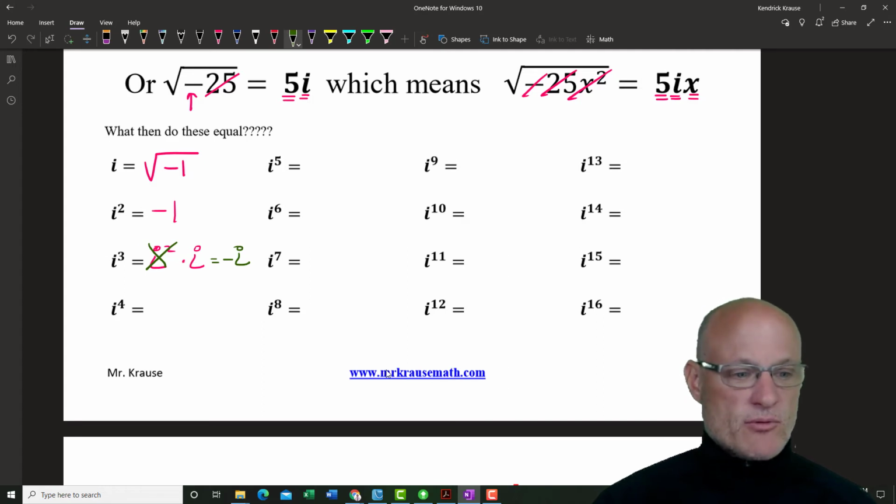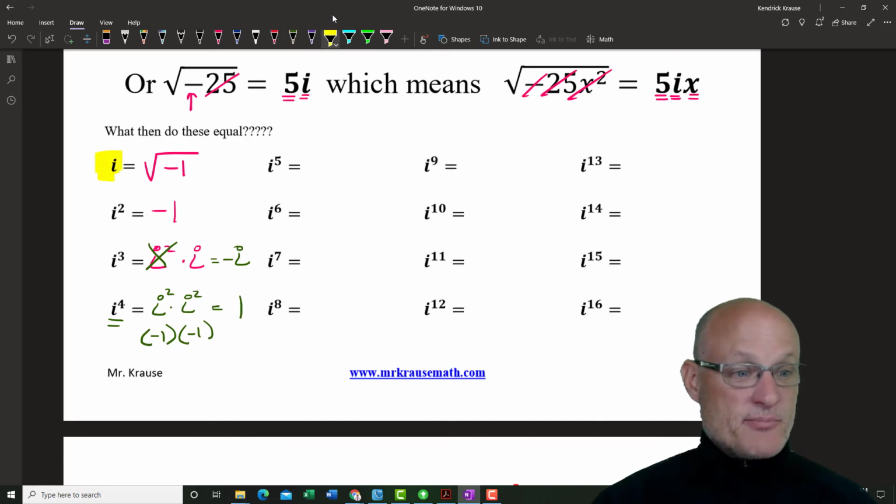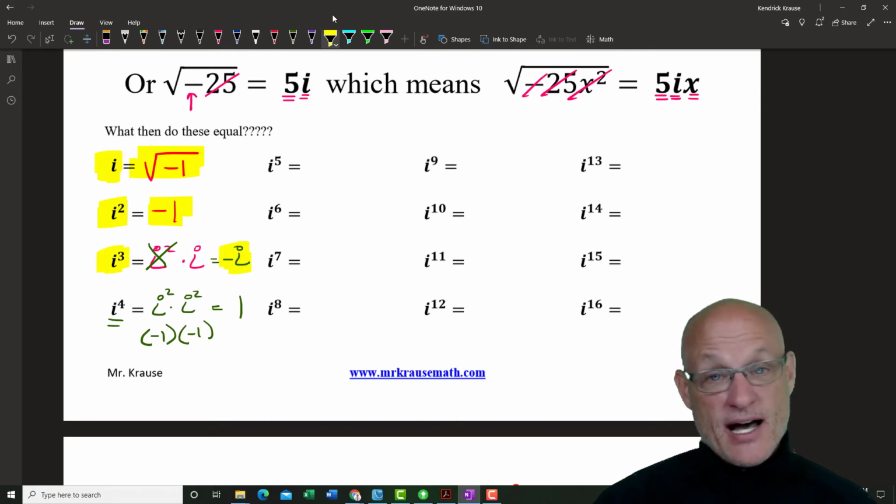Okay. I'm going to rewrite this one as i squared times i squared. Well, i squared is negative 1 times negative 1. So this just turns out to be 1. So i is, by definition, the square root of negative 1. i squared is negative 1. i cubed is negative i.